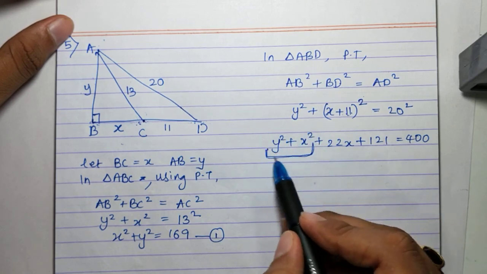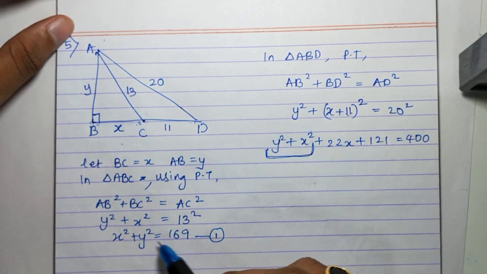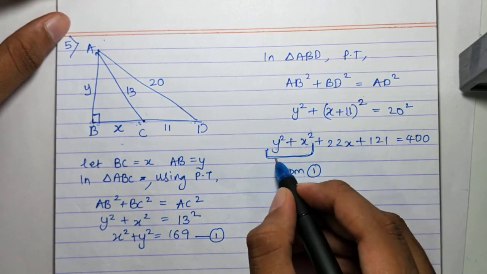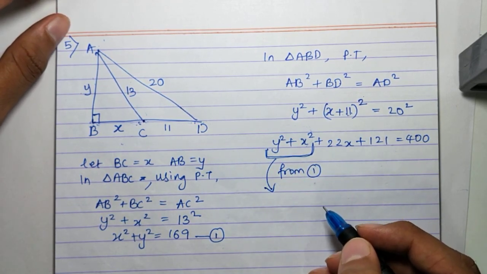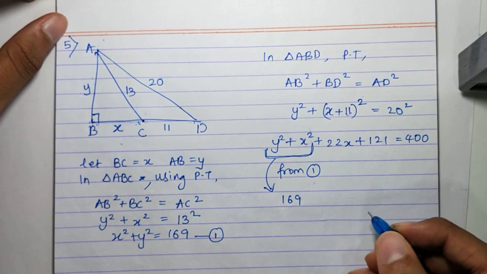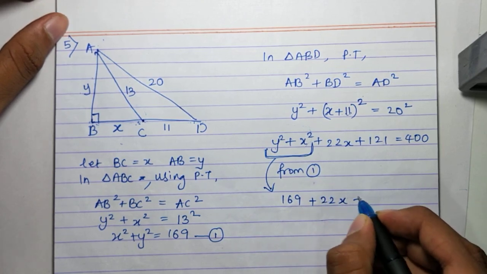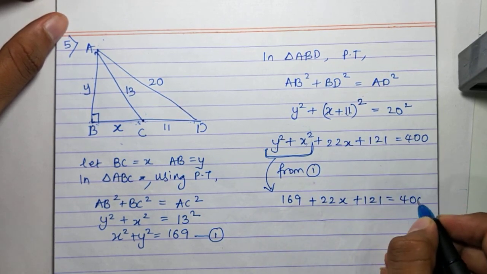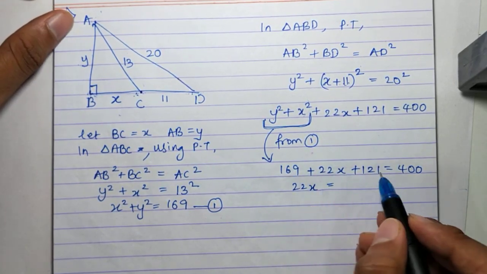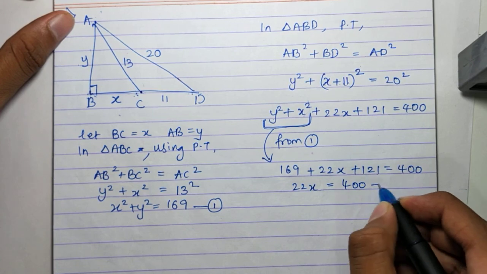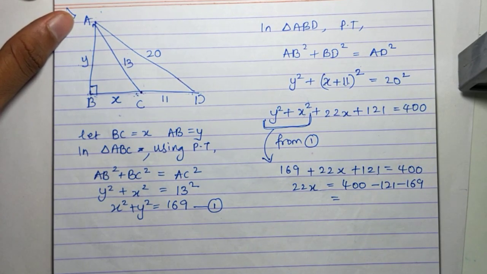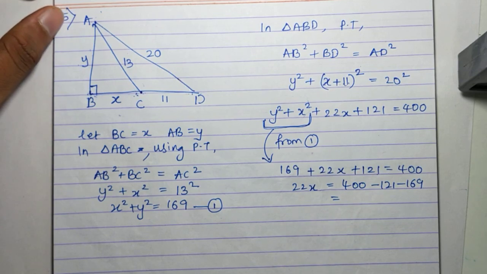So in the place of x square plus y square, I can write 169, correct? So from 1, in the place of y square plus x square, I will write 169 plus 22x plus 121 equals 400. Now 22x equals, I will transfer these both to the right hand side, 400 minus 121 minus 169.